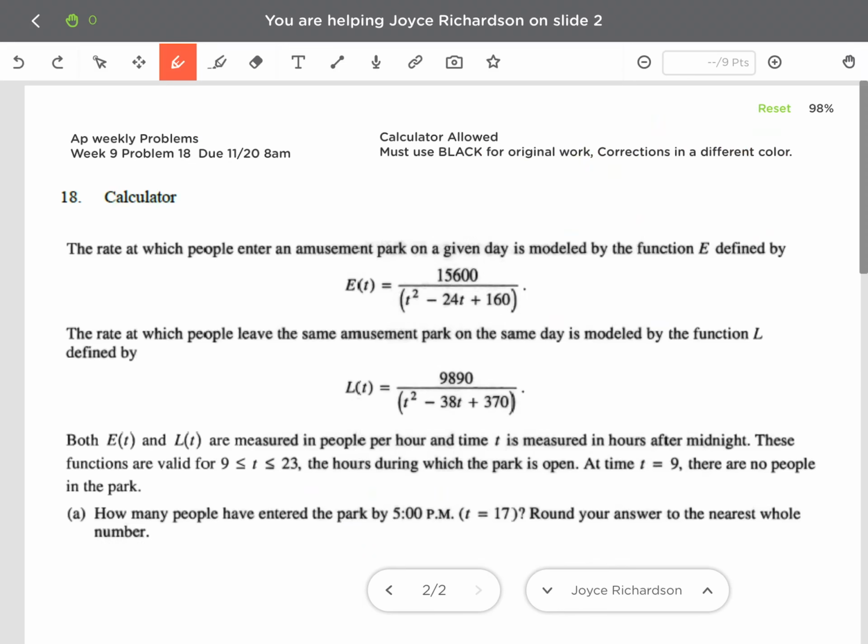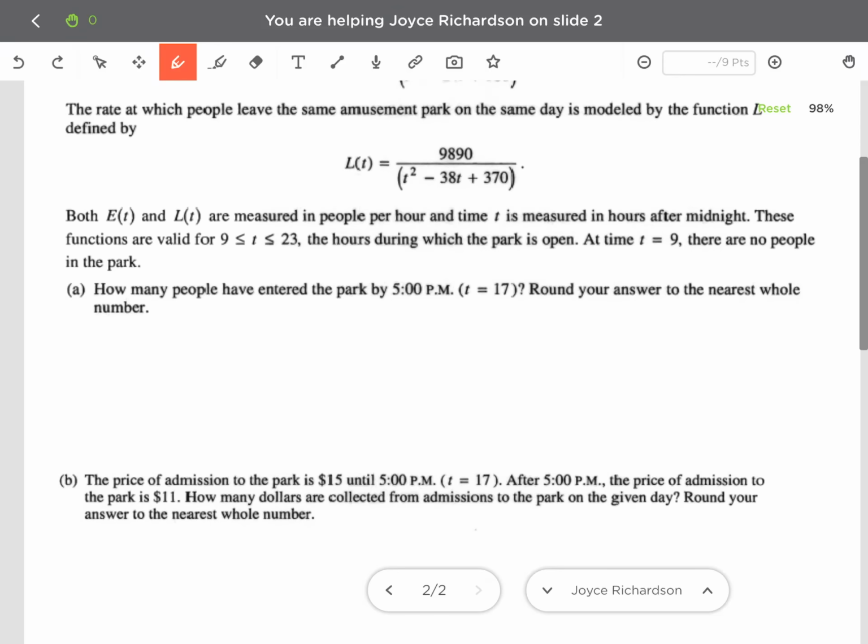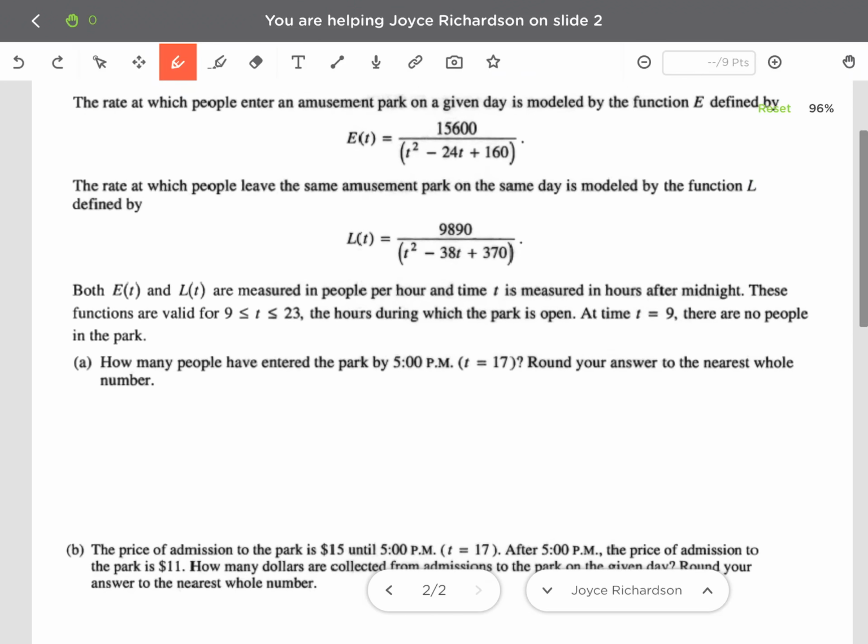For this particular problem, for part A, it says how many people have entered the park by 5 p.m. Well, the entrance is this function here, so I'm just going to go from 9 to 17, because it starts at 9, and I'm just going to find the number of people. So this is a rate. If I take the integral of a rate, I'm going to have how many people.